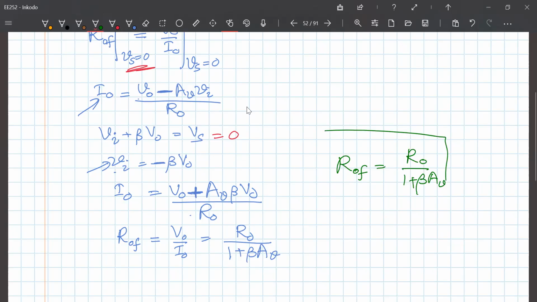So this is how the output resistance is reduced for the voltage amplifier.